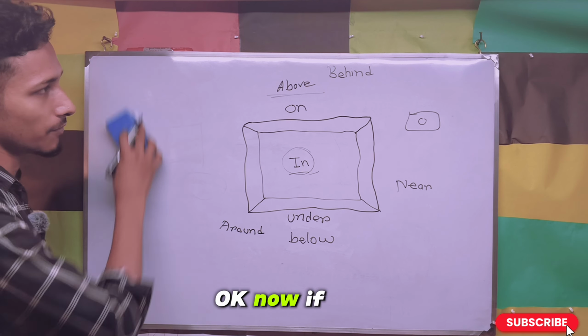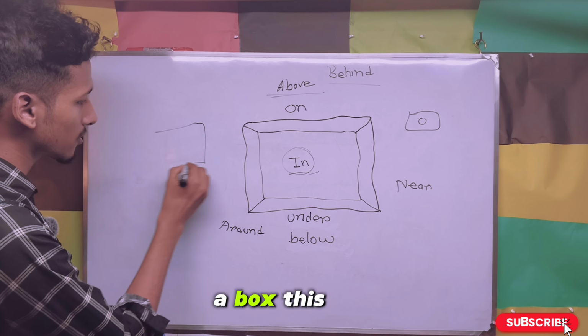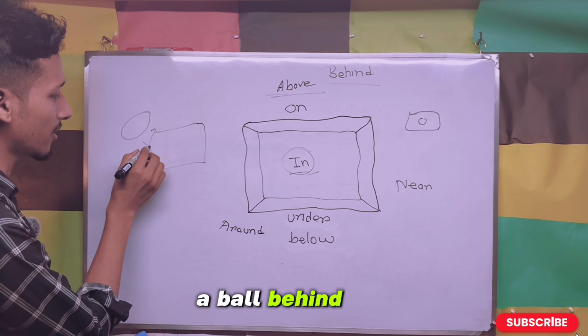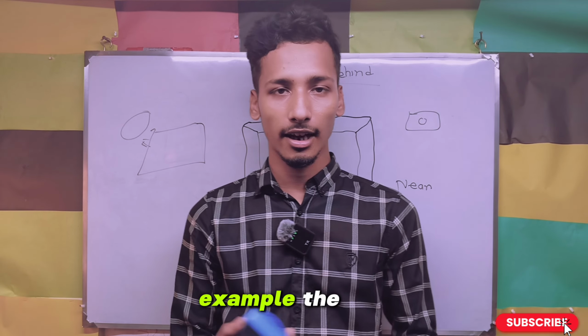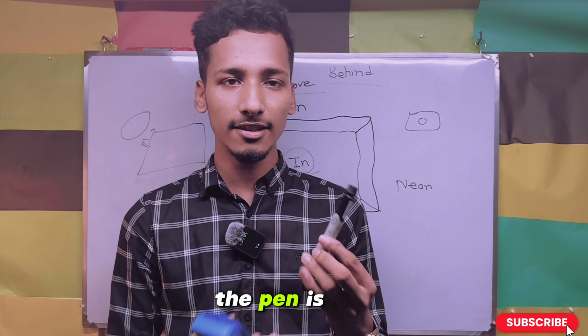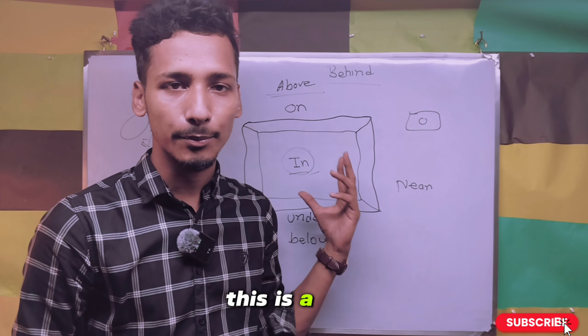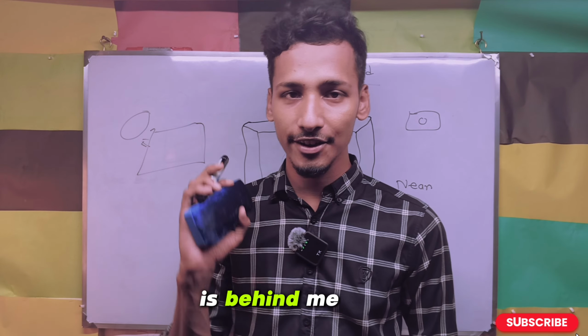Okay, now if I teach you "behind". Suppose this is a box and here is a ball behind. If I give you an example, the whiteboard is behind me, and the box is behind me.